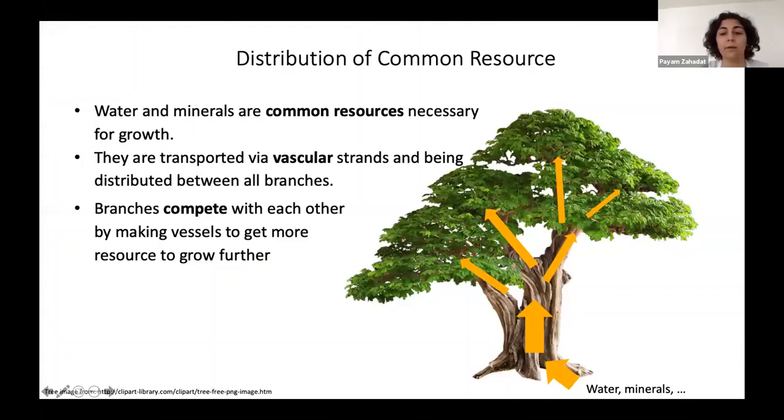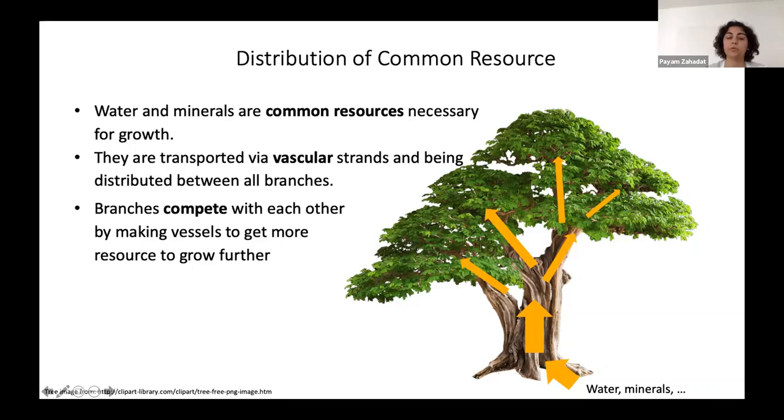If we have a bit closer look at how plants work, one important thing is the distribution of common resources. There are common resources like water and minerals for plants, and these are supposed to be distributed all over the plant, between all the branches of a plant.